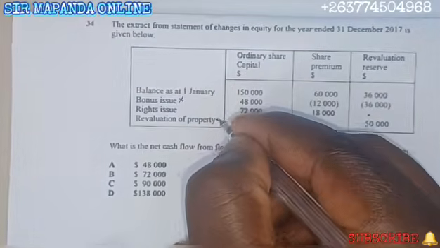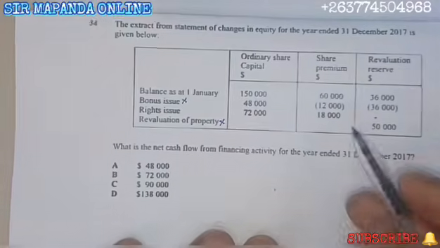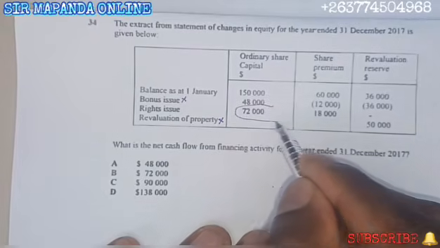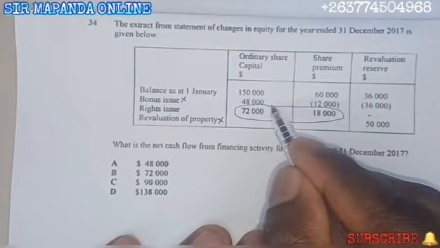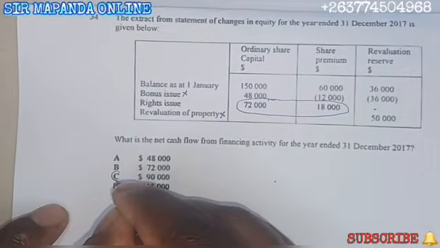Revaluation of property is also going to be ignored. Why? Revaluation reserve is not a cash item. I hope you are following. So I'm going to add the par value of rights issue together with the premium of rights issue, which involves cash movement. 72 plus 18, you get 90. So my answer is C.